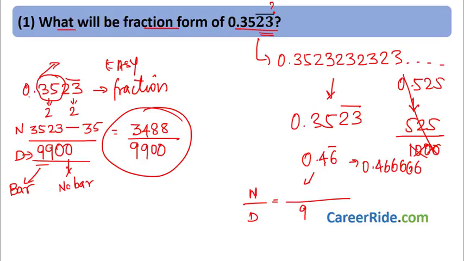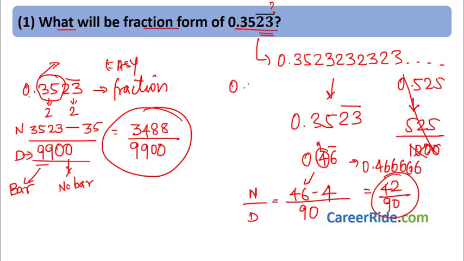How many digits are there without the bar? Only 1, so there will be 10. What will be the numerator? Write the number, subtract the digit which is not below the bar, that is 4. What do we get? 42 upon 90. See how easy it is.